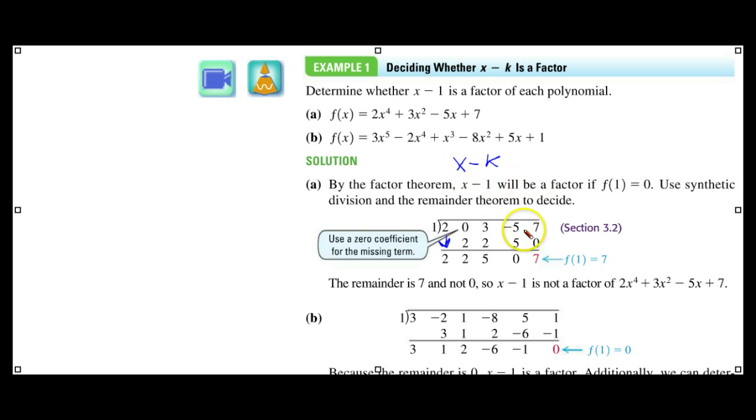When we finish, we find that we have a remainder of 7. Since our remainder is 7 and not 0, we could say that x minus 1 is not a factor of this polynomial. All right, let's take a look at letter B.